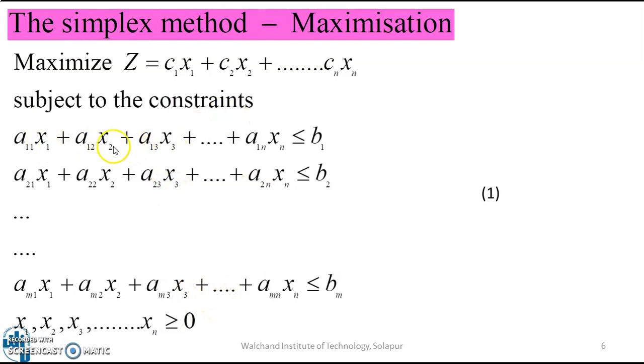You can observe that all the constraints are of less than or equal to type. It means that if we add some non-negative quantity required on the left hand side to establish the equality, it will be converted to an equality. Such a non-negative quantity which is added on the left hand side to convert the inequality to an equality is called the slack variable, and we denote it by the letter S with suffix numbers 1, 2, 3 and so on.